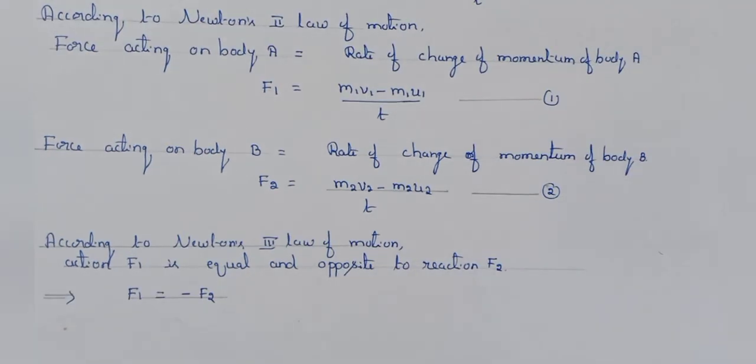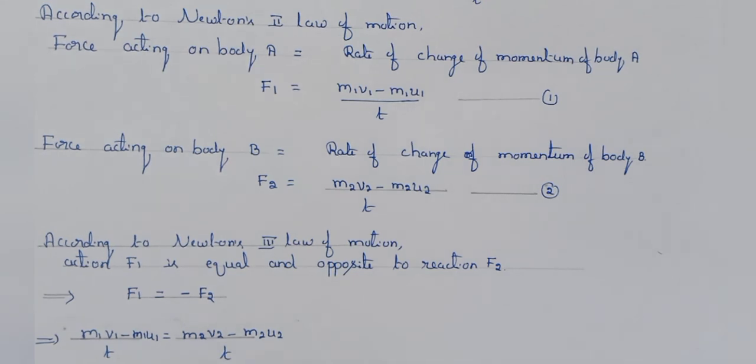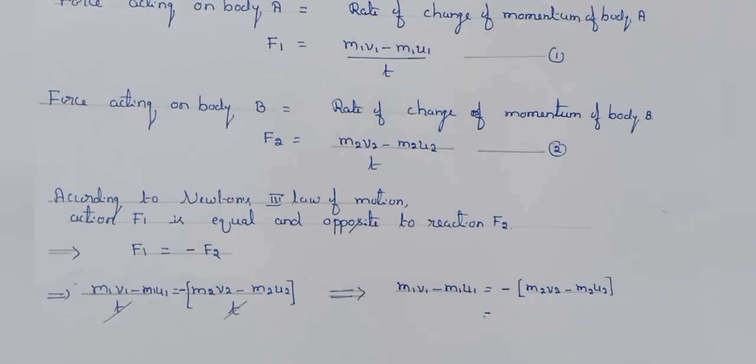From equation 1, F1 is m1 v1 minus m1 u1 by t, and from equation 2, F2 is m2 v2 minus m2 u2 by t. Here we can cancel the t on both the sides. Next, m1 v1 minus m1 u1 is equal to m2 v2 minus m2 u2.